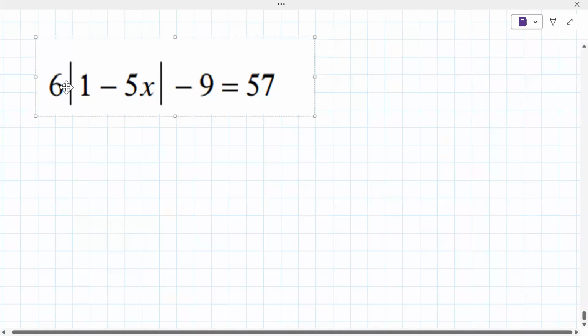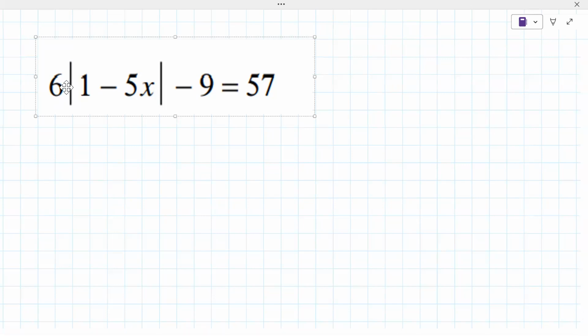You've got to undo all that before you can proceed. I got x equals -2 and x equals 12/5. Yes, perfect.